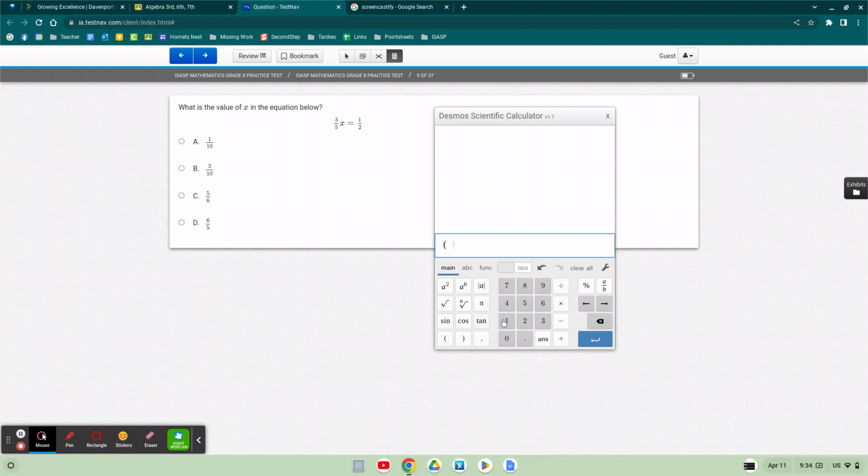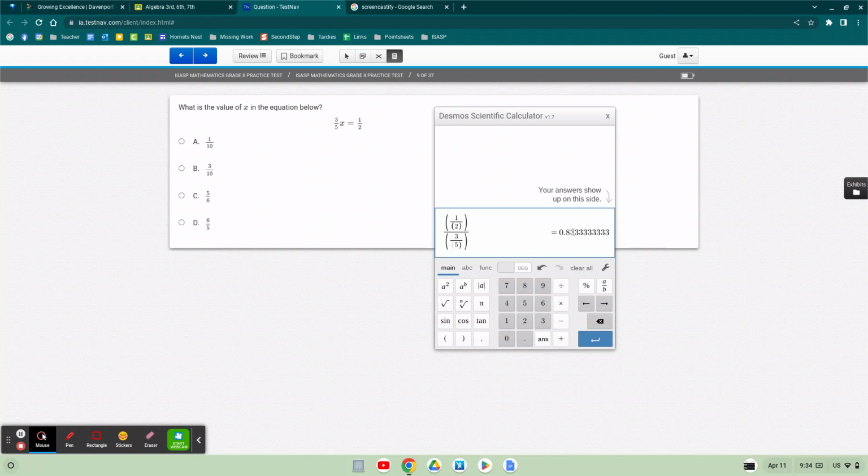So here's the parentheses down here. 1/2, close parenthesis. So the opposite of multiplying is to divide by 3/5.